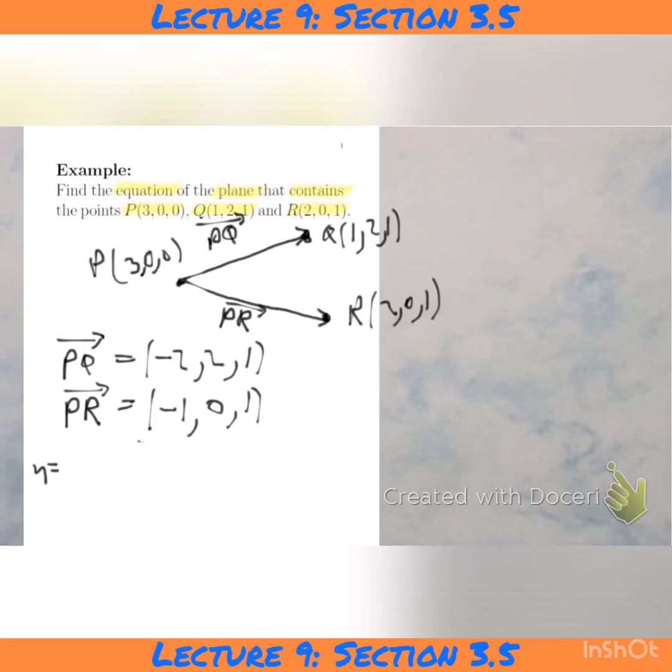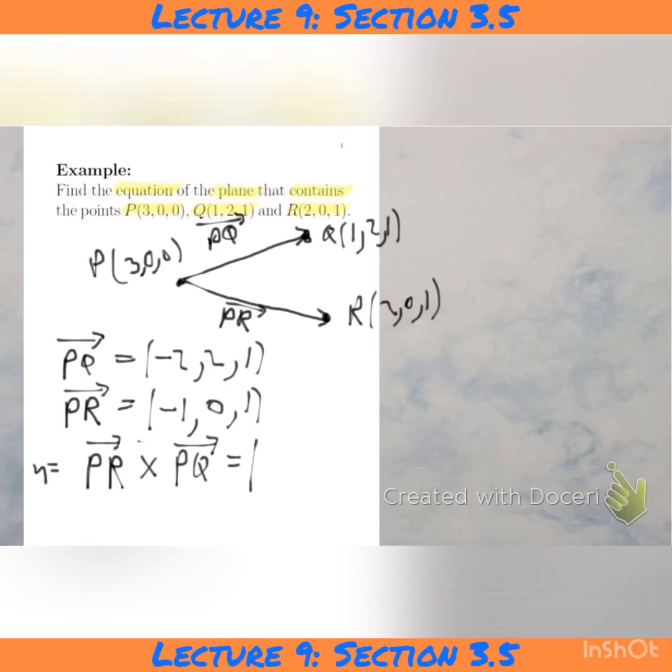I'm going to take the cross product between PR first, and PQ. Okay, so you can go and work that out.